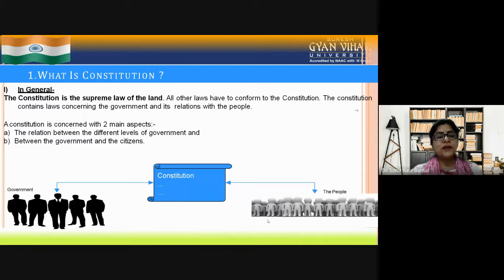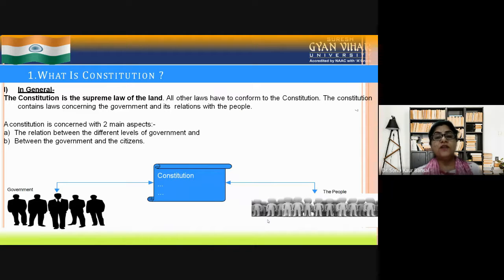So in general, the constitution is the supreme law of the land. And this is the constitution which is for common people also. So the constitution is the supreme law and it works for everyone. So all other laws have to conform to the constitution.